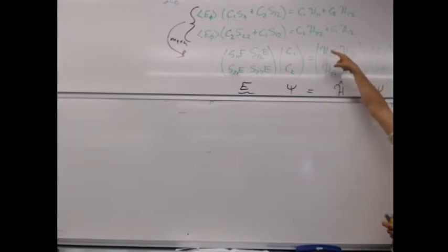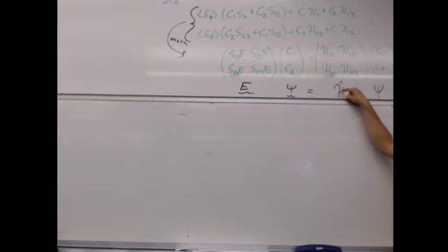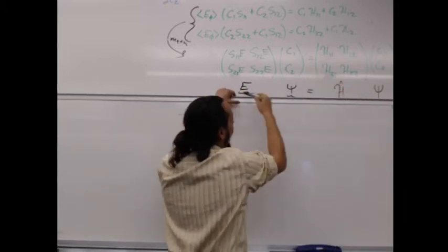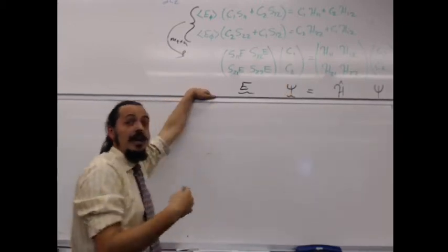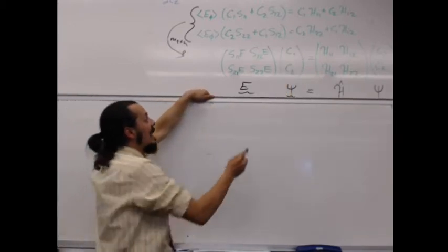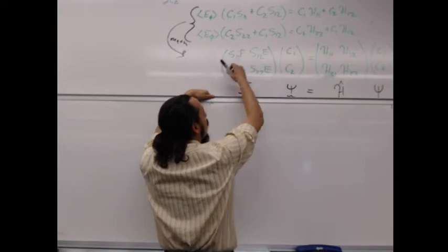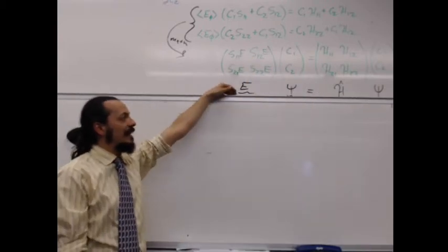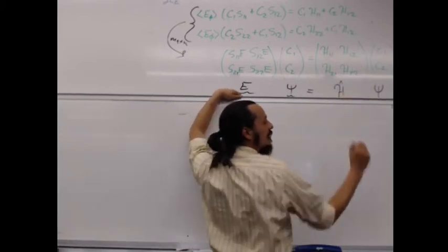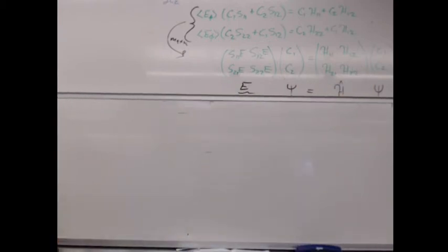On the other side, I've got my same wave function column, my C1, C2, that's generated from my guess function. And then I've got some matrix that's going to describe my energy. Essentially, what I get back is E psi equals H psi. I get the same thing that we originally started with if I guess a linear combination of functions.